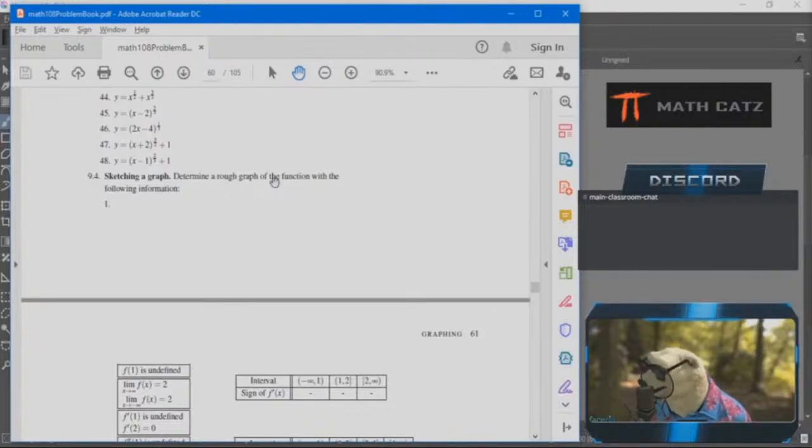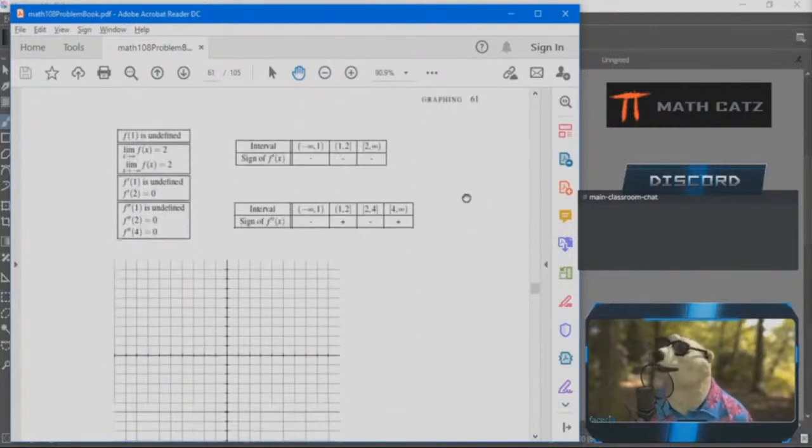So determine a rough graph of the function with the following information. Sometimes they give you all the information you need. Sometimes they leave some stuff out in terms of specific y values so that you can focus on the shape, and you can pick a y value that gives you a nice curve, and we'll see that as we go.